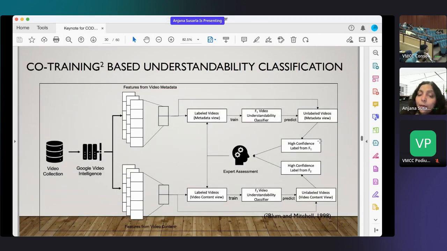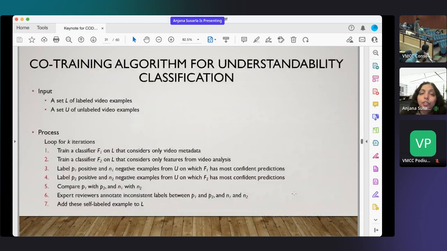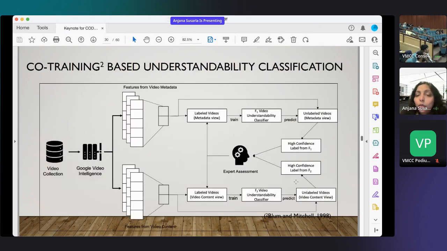Since ours is a human-in-the-loop approach, what we really have to understand is that it's like an iteration where we have two classifiers. If the two classifiers are contradicting each other, where one classifier produces a high confidence label and another produces a low confidence label, that is when we need the human-in-the-loop third annotator to resolve that discrepancy.